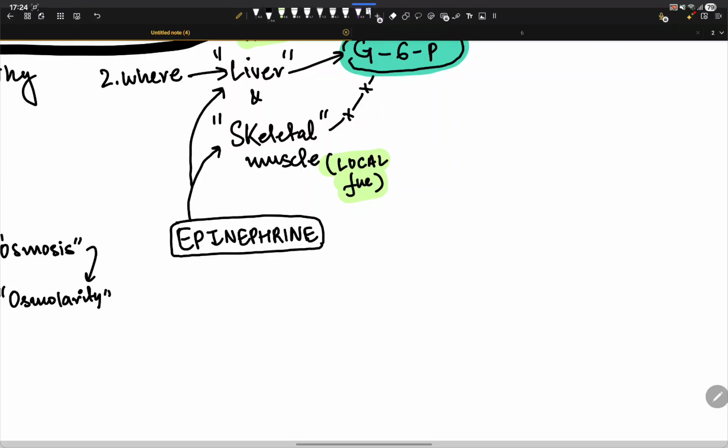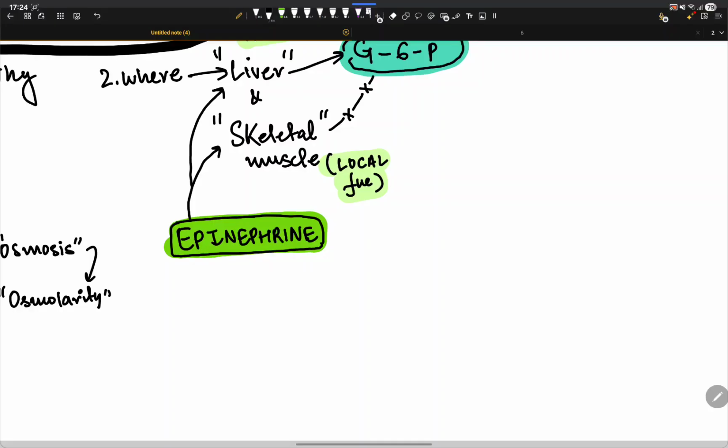The response skeletal muscle generates is ATP, and ATP for what? For contraction. And once you have that contraction, your local glycogen storage breaks down. So same hormone, same epinephrine, but different effect, right?